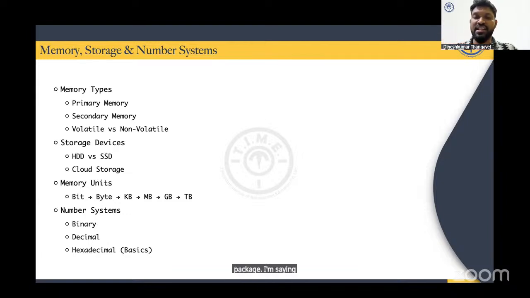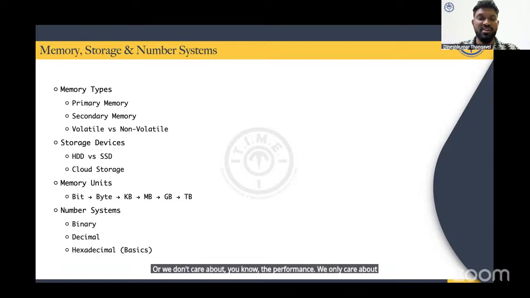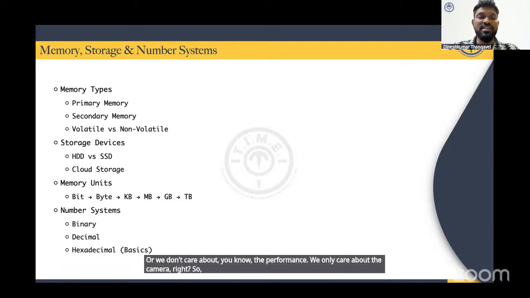I'm calling every category a bucket. And most wrong answers happen due to confusion and not a lack of knowledge in memory particularly. Because whenever we buy a laptop or mobile, we don't care about the memory or the performance. We only care about the camera, right? That is one of the reasons people are not concentrating much on memory.